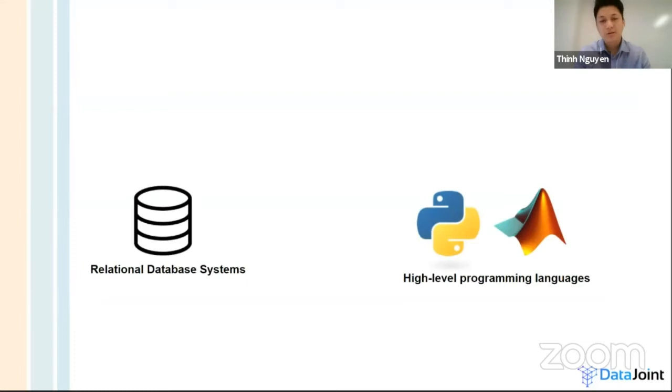Nowadays, in scientific computing or research, there are two powerful mechanisms with which you can design your pipeline, right? You can do it using a relational database system or a high-level programming language, or a combination of both. For example, with Python or MATLAB, you can work with files and really prototype your analysis very quickly. Okay. Relational database systems are very good for storing complex data and metadata.